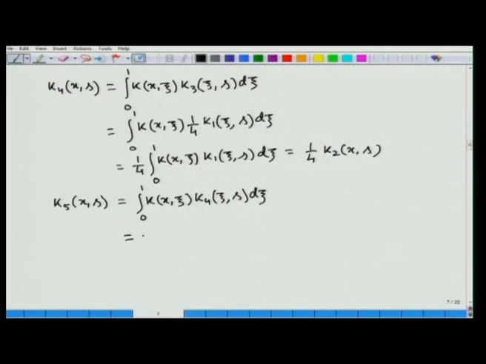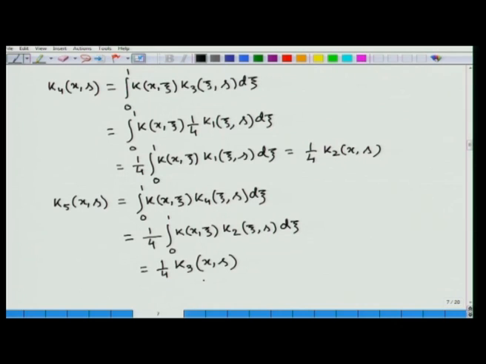So, using this result you can write this is equal to 1/4 times the integral from 0 to 1 of k(x,ξ) k2(ξ,s) dξ. From this result you can obtain that this is nothing but 1/4 k3(x,s), this will be the result for k5.